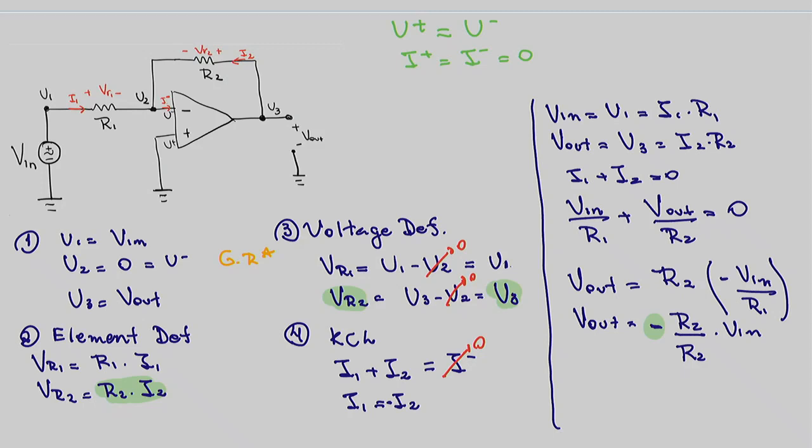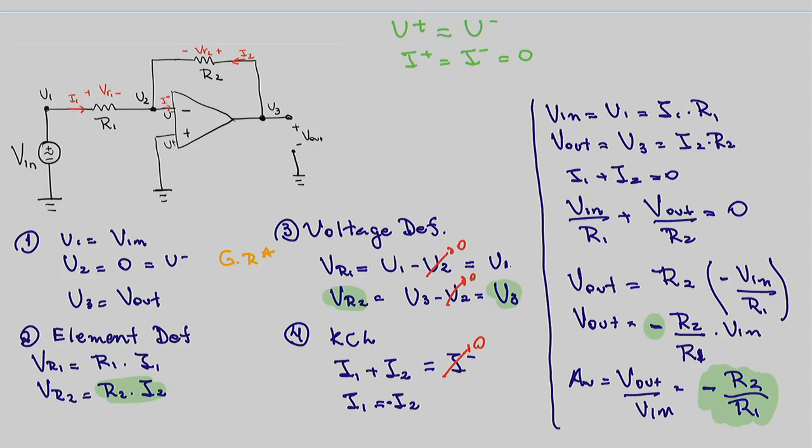So when I look at the gain of this amplifier, and the gain AV, remember, is V out over V in, we will get this to be minus R2 over R1. So it's kind of different from what we had before. Before, I said you had a non-inverting amplifier. Now we have an inverting amplifier.